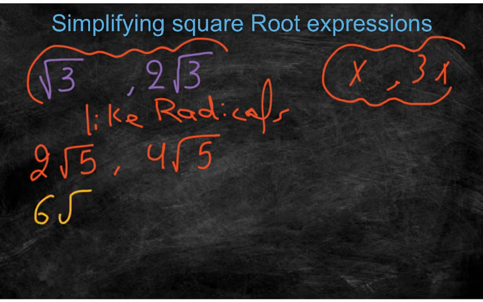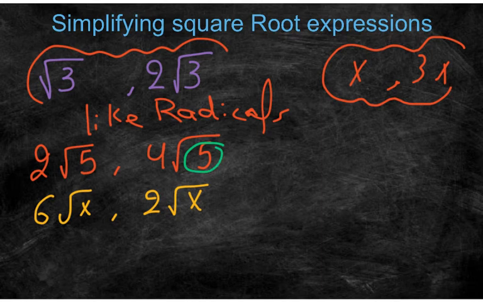6 square root x and 2 square root x have the same expression, or the same number, inside the square root. We call them like radicals.